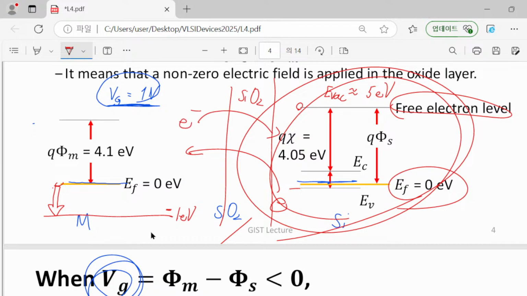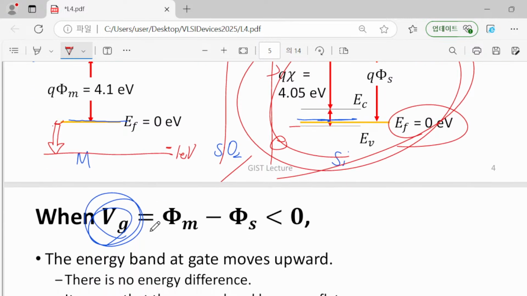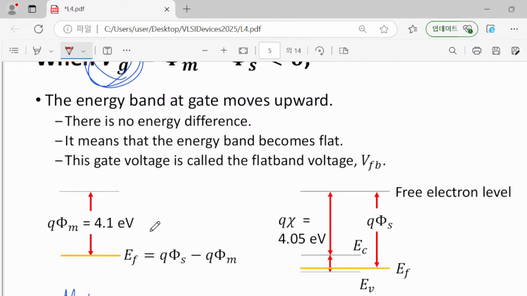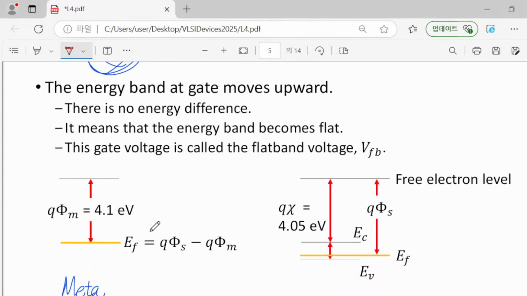The communication or exchange of electrons is not allowed between them. So we can safely change only the Fermi level in the metal part. So if we go that way, then by changing the gate voltage, we can change this EF.